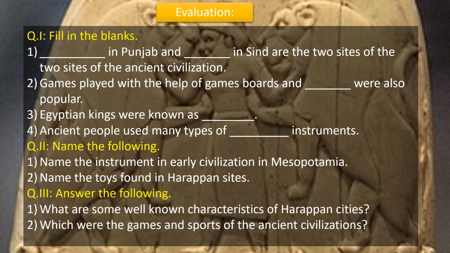Name the toys found in Harappan sites. Answer: wheels, whistles, rattles, bullock carts, birds, and animals on wheels. Answer the following. What are some well-known characteristics of Harappan sites? Answer.